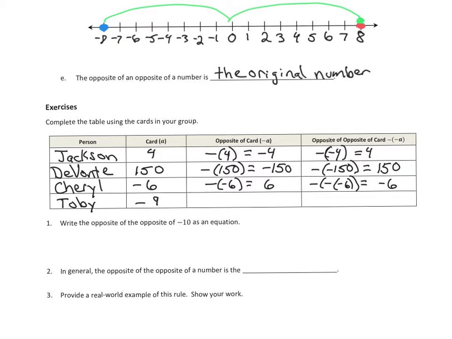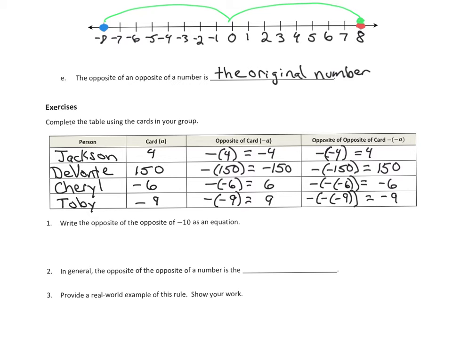And this reads as the opposite of the opposite of negative 6 is negative 6. So the next one is the opposite of negative 9 equals positive 9. And so now we read this one as the opposite of the opposite of negative 9 is negative 9. It was the original number.